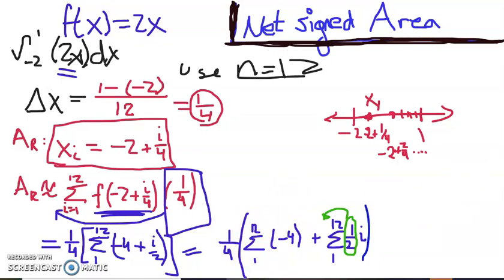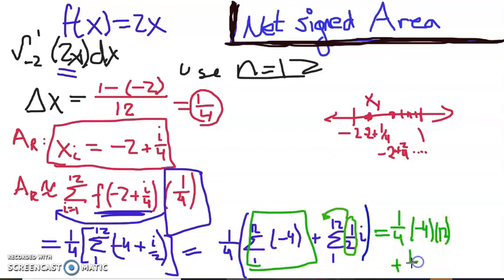Okay, so let's continue that. So we have 1/4 times -4 times 12. That's this first part totally resolved. I used the formula for that.